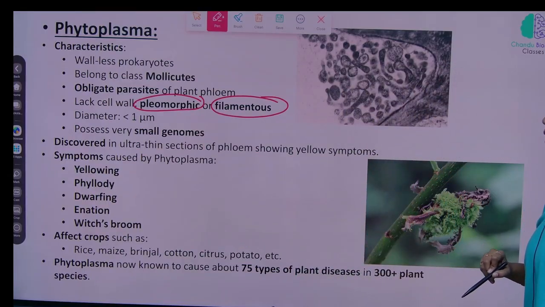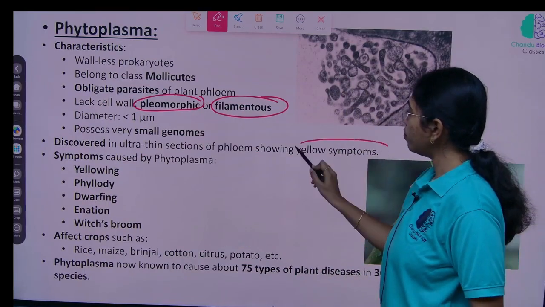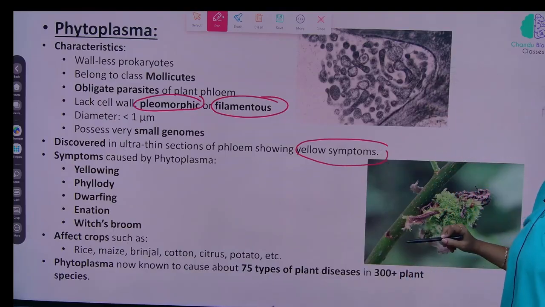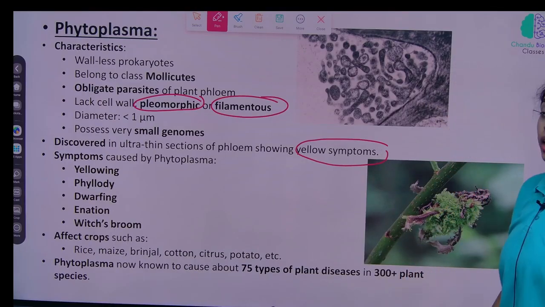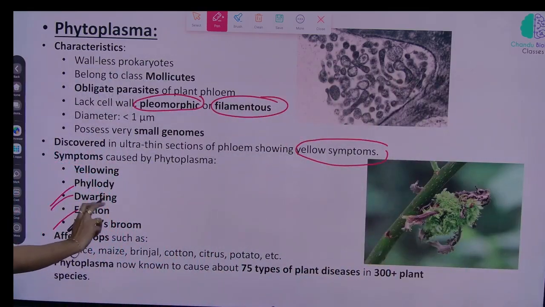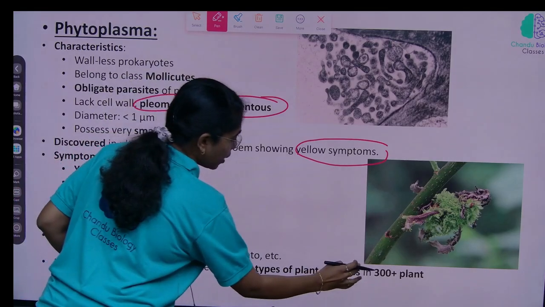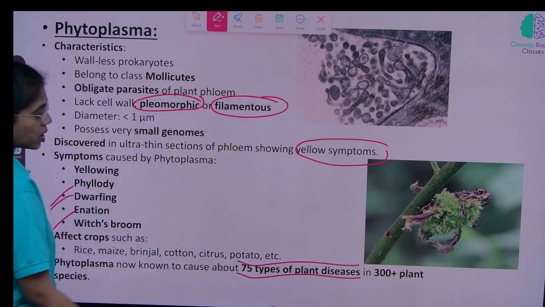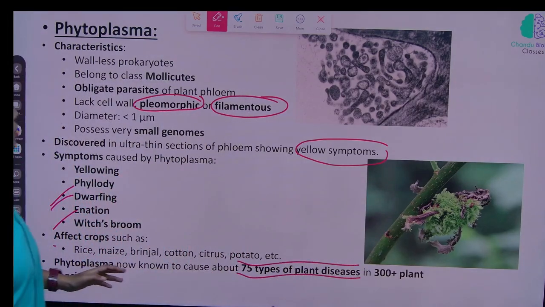They are discovered in ultra thin sections of phloem showing yellowing symptoms. What are the symptoms that are caused by phytoplasma? It can be yellowing, phylloidy, dwarfing, proliferation and witch's broom. They affect crops like rice, maize, brinjal, cotton, citrus and potato. Phytoplasmas are known to cause 75 types of plant diseases in 300 plus plant species.